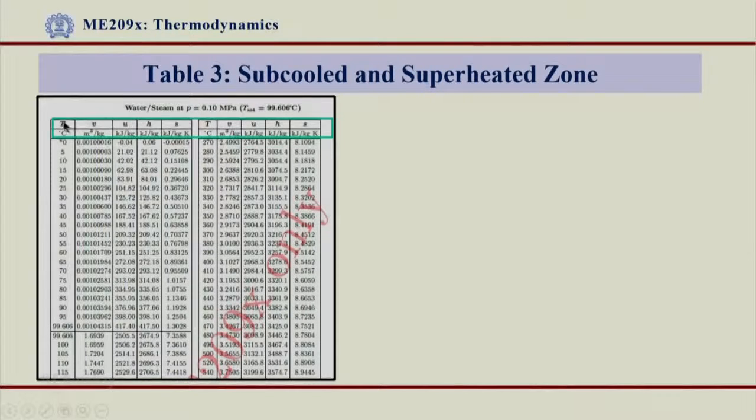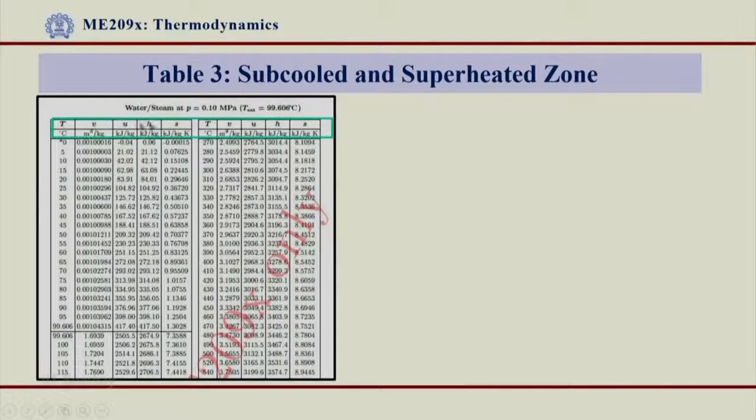So, first important thing is the properties that table 3 gives. Because we are talking about single phase region, subcooled region and superheated region, we are not talking about Vf and Vg or Uf and Ug, which is what we encountered in table 1 and table 2, because they were talking about the LV saturation line, the two phase region, and therefore we had to read the properties of saturated liquid and saturated vapor in those cases.